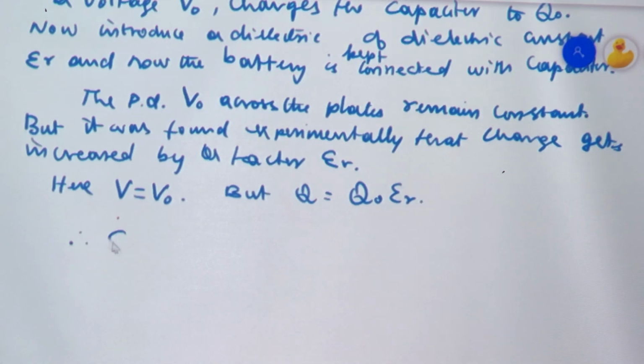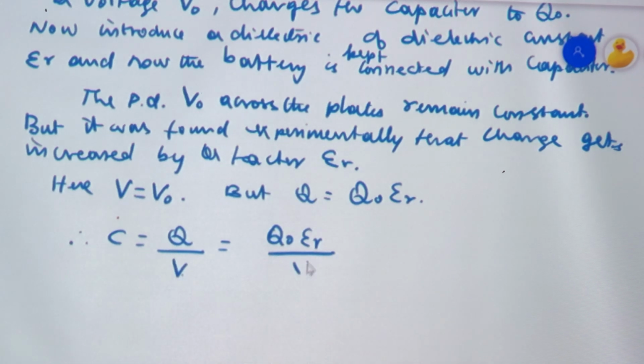Therefore, C is equal to Q divided by V. Q is Q0 into epsilon r, divided by V, which is V0. Q0 by V0 is C0, as in equation 1, so this is C0 into epsilon r.